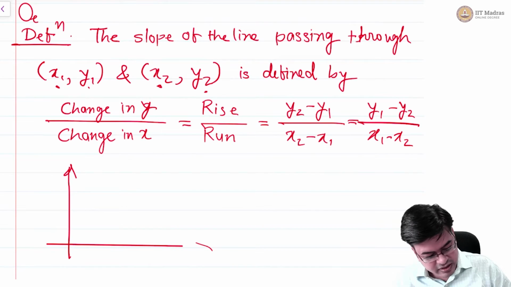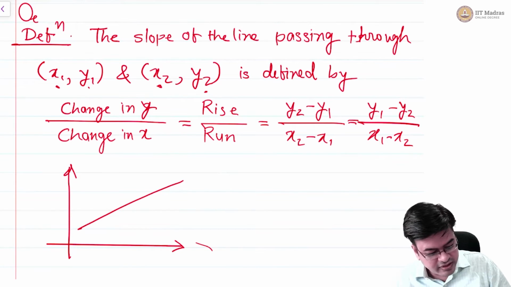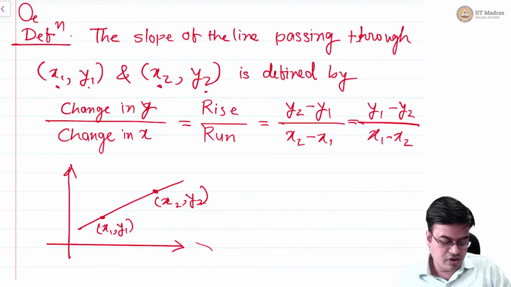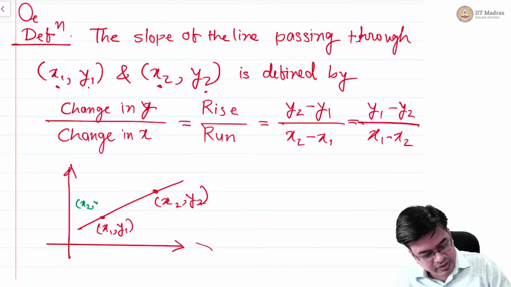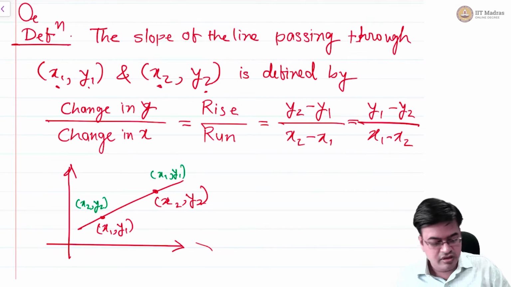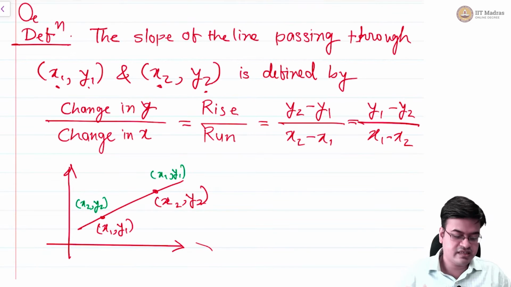Let us say in practice, when you are actually mapping 2 points on a line, this is a line and these are the 2 points, you may choose to write x1 y1 here and x2 y2 here, or you may choose to write, let us say in green, x2 y2 here and x1 y1 here. Altogether they are the same points.